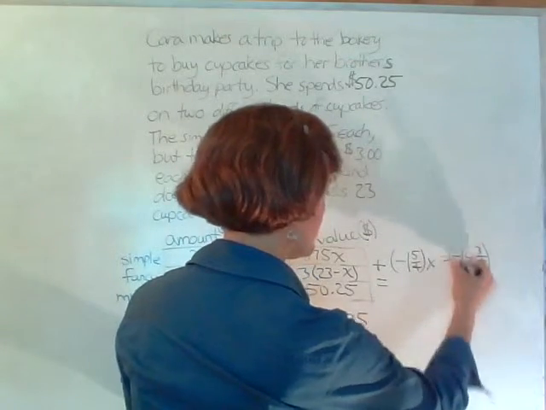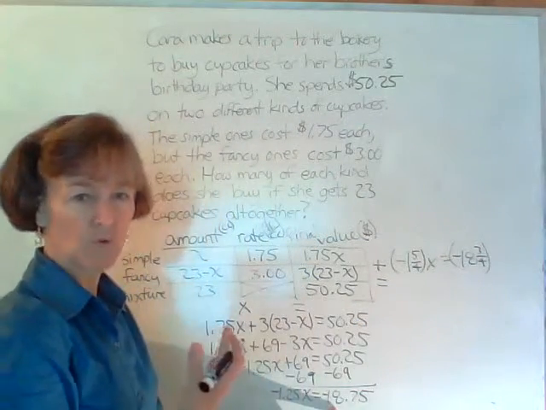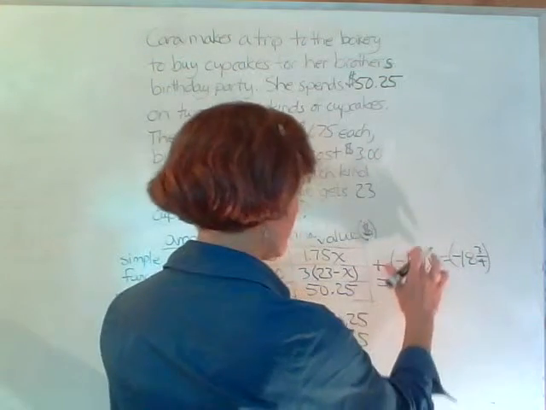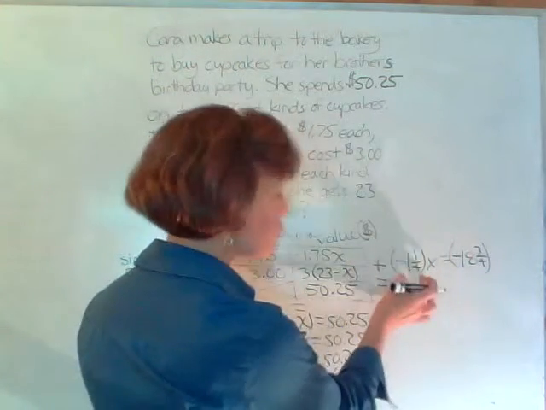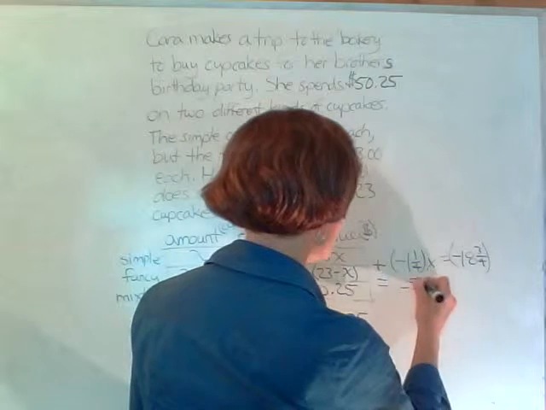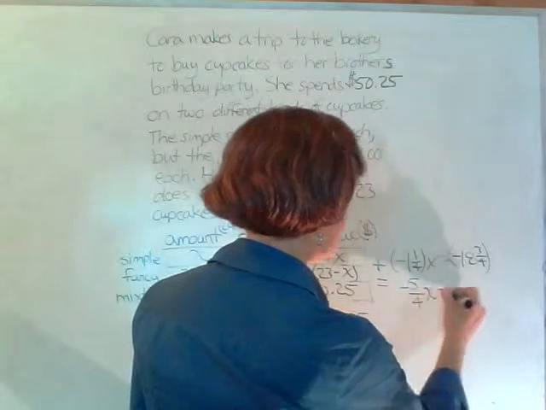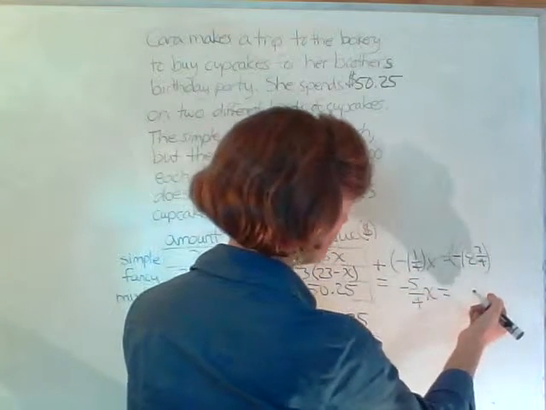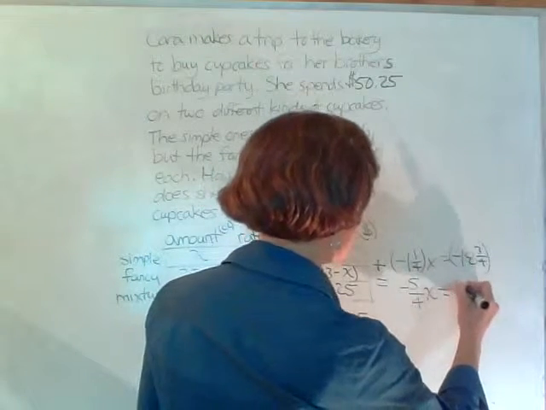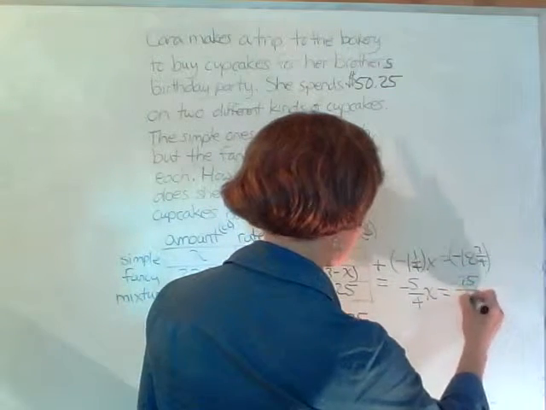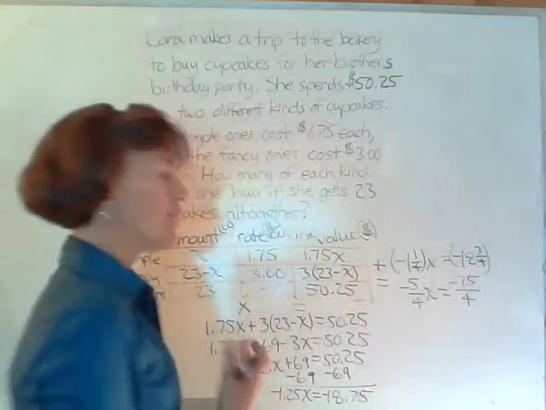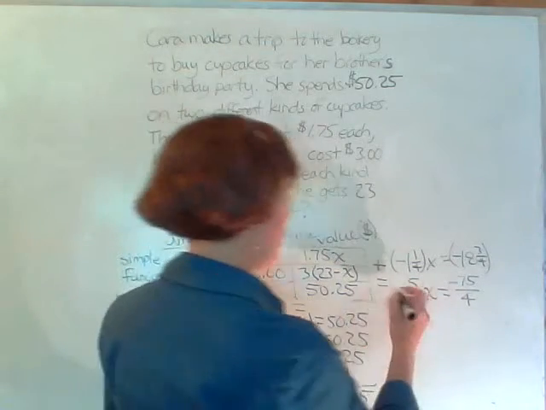Now we never do math in mixed numbers. We always do it in improper fractions. So this is going to become negative 5/4 x, and this is going to become negative 75/4. Now when I solve this equation, I'm going to multiply by the reciprocal.